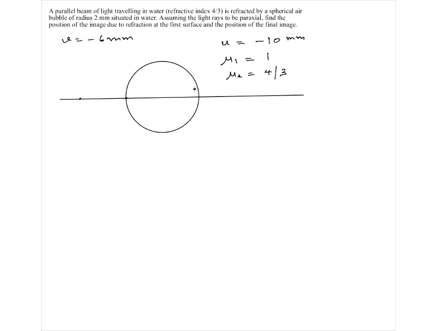Then radius, this is on the left. So it means capital R would be -2. Just put these values and tell me if you do not get -5 mm for V from here. And any questions if you have, then let me know.